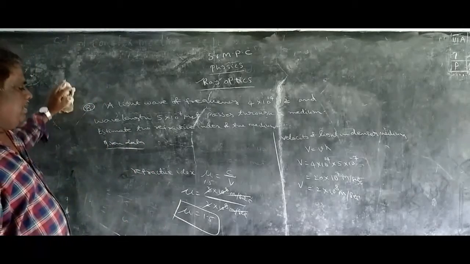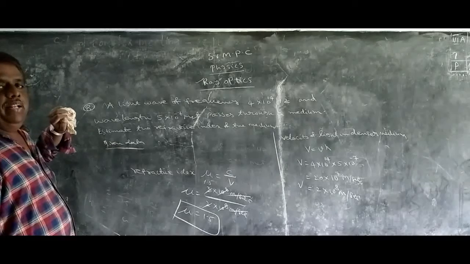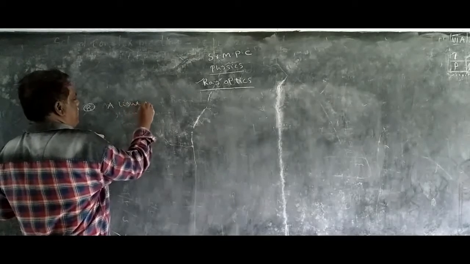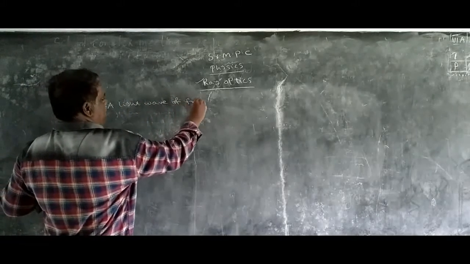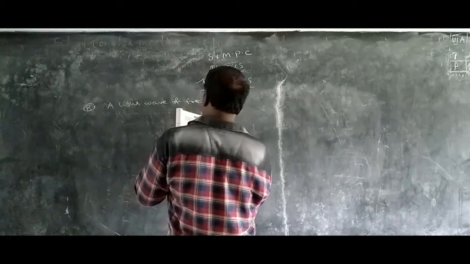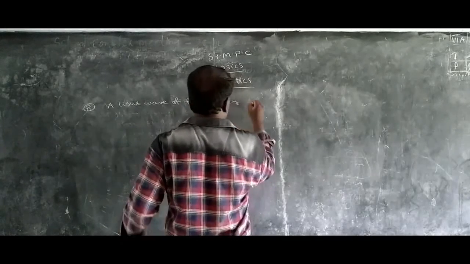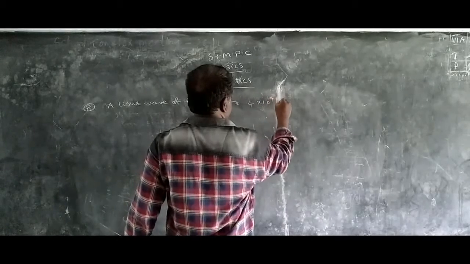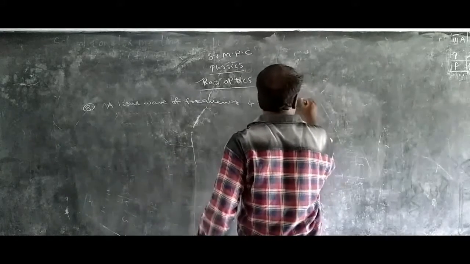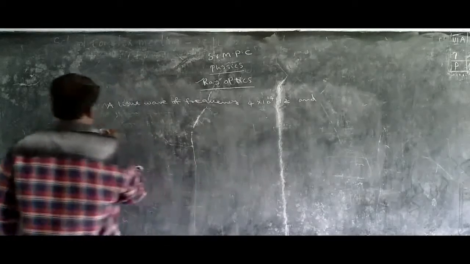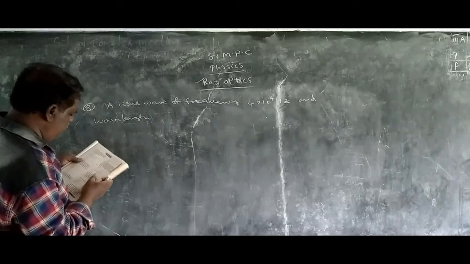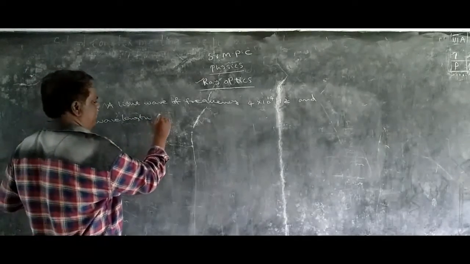So note this. This is one of the problems. A light wave of frequency 4 into 10 power 14 Hz, and the wavelength 5 into 10 power minus 7 meters.